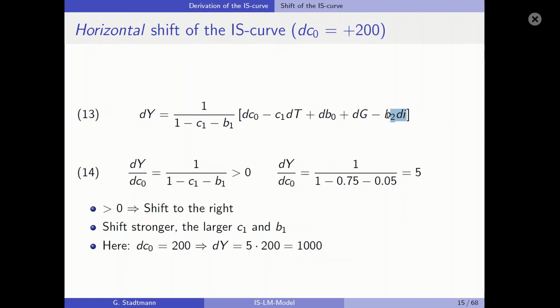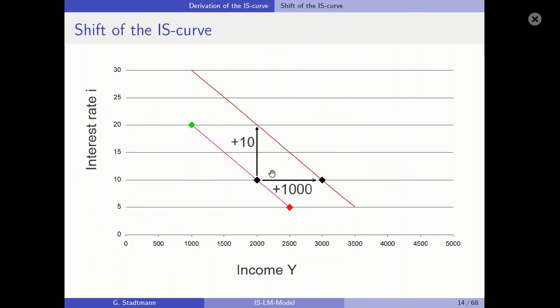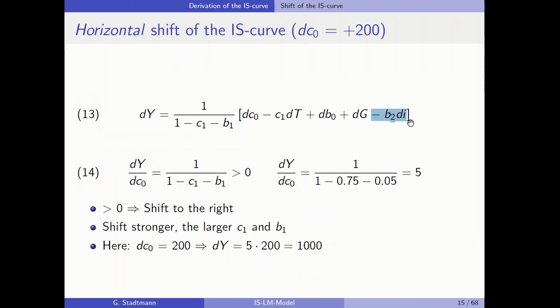And here, this is the important part. When we compare these two black dots, interest does not change, and therefore the change in the interest rate is equal to 0. So this is 0, this is 0, that is 0, and also this part is equal to 0. So we are only left with putting DC0 on the other hand side of the equation, and then we can compute how much Y has to change in case DC0 changes by 1 unit.